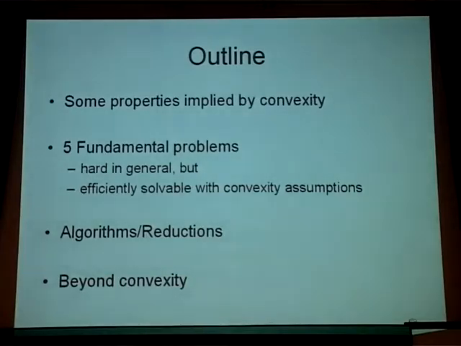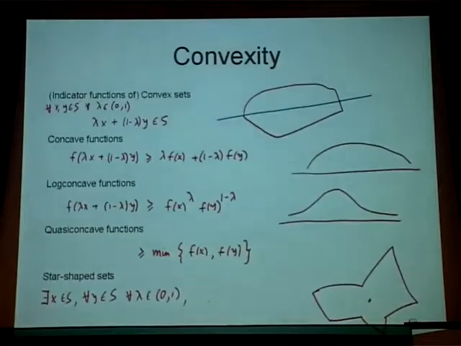And finally, a note on what one might hope to be able to do beyond convexity. I tried to be somewhat comprehensive in the survey article that accompanies this talk, and thanks again to the organizers for encouraging that. But feel free to interrupt me with any clarifications.